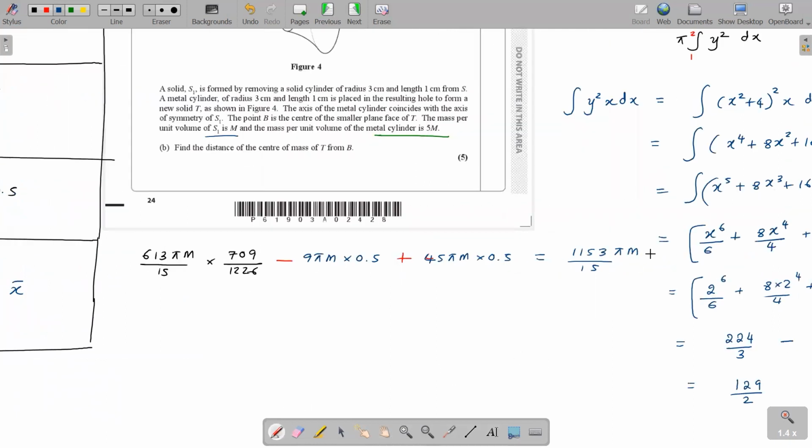Are you with me? The new x bar. Okay, so let's first remove the variable that's common to everyone. Pi and m is common to everyone. Do you agree? Shall we remove that? So then I end up with this figure, 613 over 15 into 709. You don't need to write this step actually.